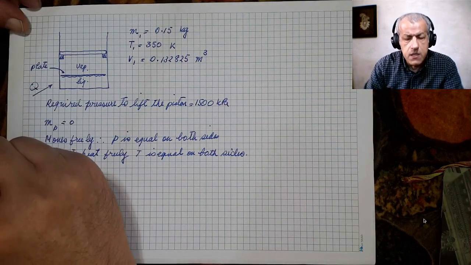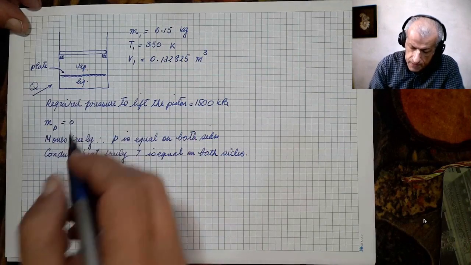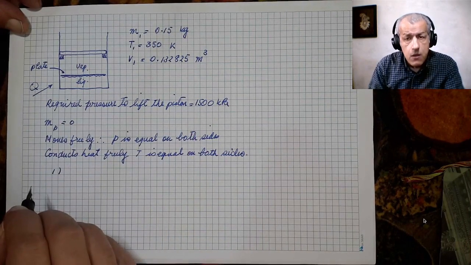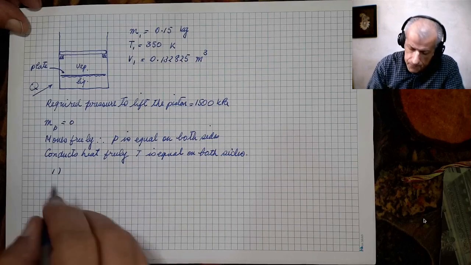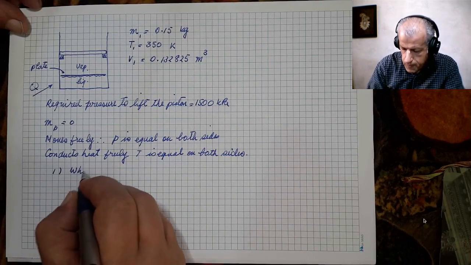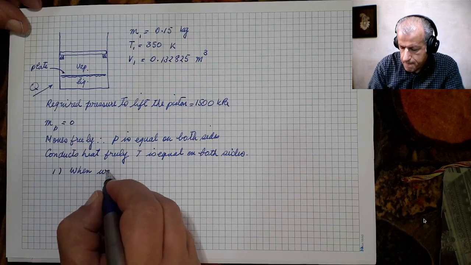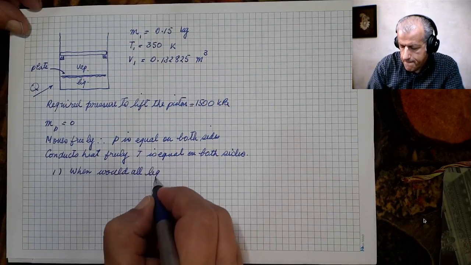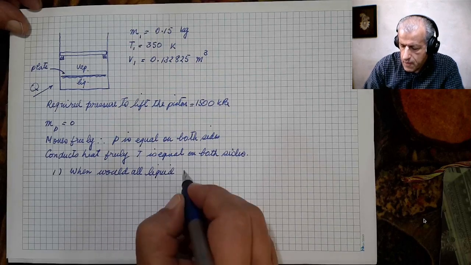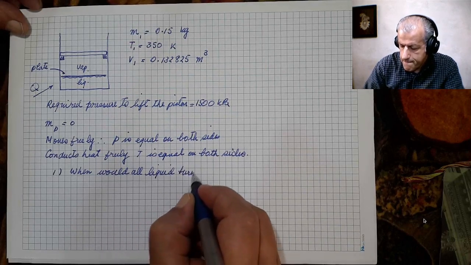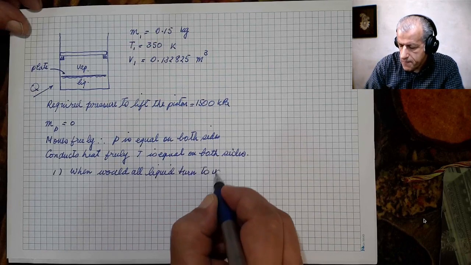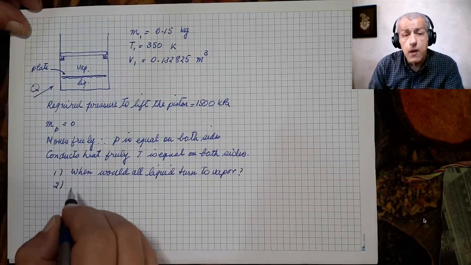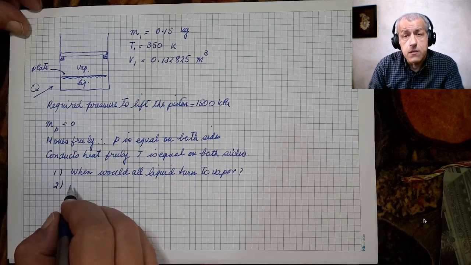And the question is, first, when would all liquid turn to vapor? And two, when would the piston start to lift? At what temperature would the piston start to lift?